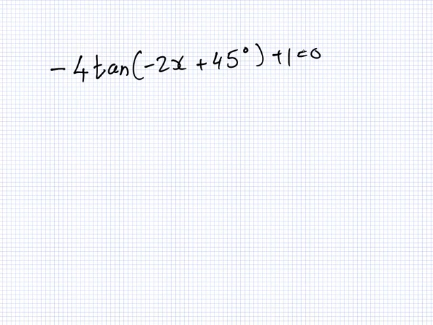Let's do something like this. Minus 4 tan minus 2x plus 45 degrees plus 1 equals 0. And we'll say x is between, let's make it smaller this time, we'll say x is between 0 and 180.